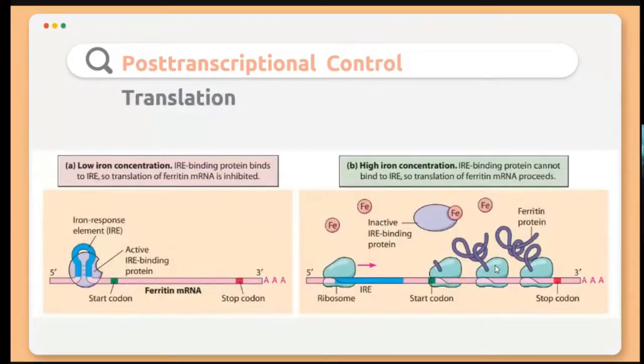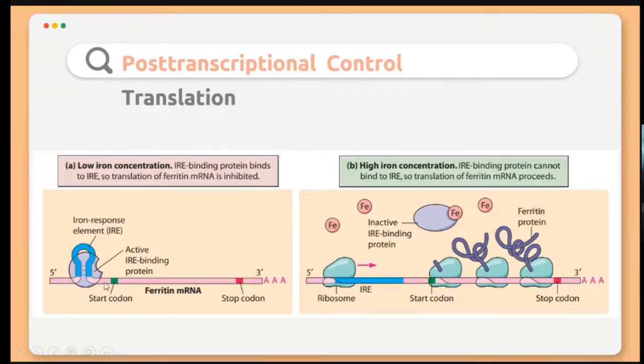And the level of the translation, what you see here is kung paano mo i-control yung translation. So, yung example dito ay yung paano kinokontrol ng iron, yung IRE binding proteins or iron response element proteins. So, dito sa first, mababa yung iron concentration. Therefore, yung IRE or iron response element mo naka-hairpin loop.